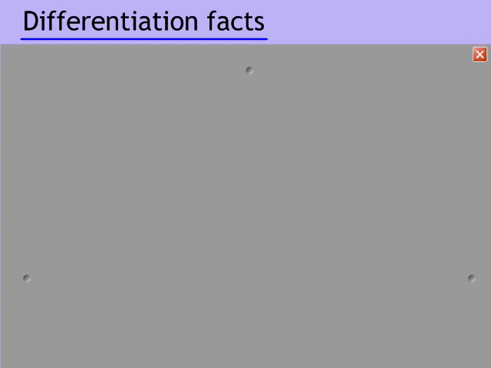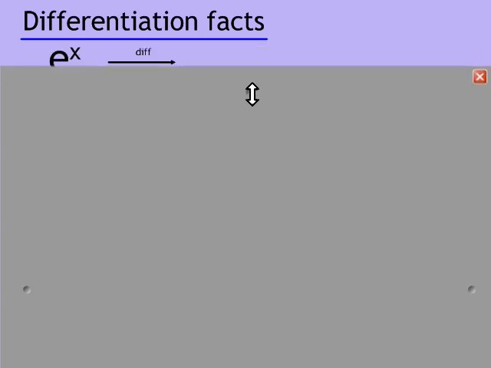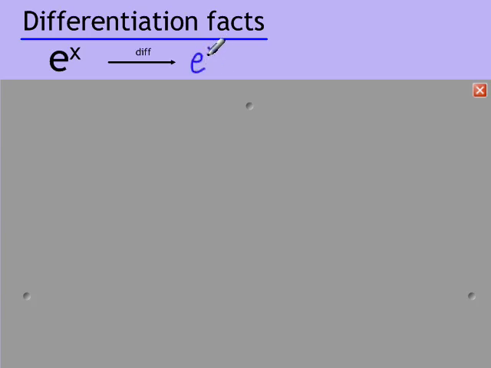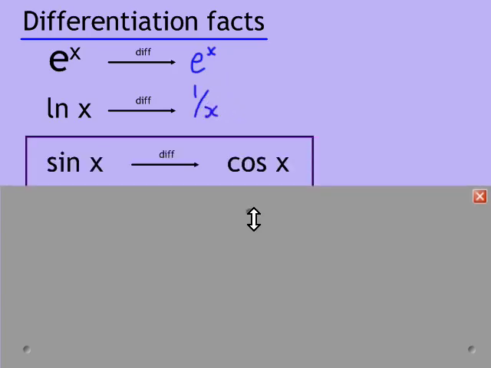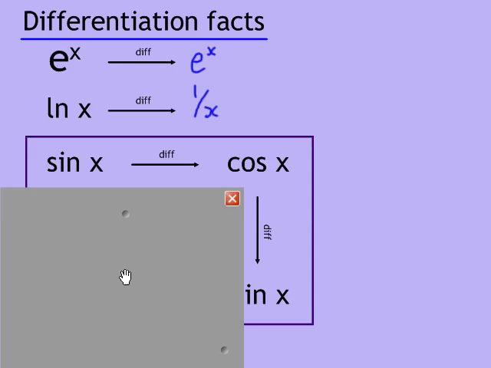Let's have a look how to differentiate e, ln, sin, cos and tan. So e to the x, when you differentiate it, nothing changes, you just get e to the power x back. When you differentiate ln x, you get 1 over x. When you differentiate sin x, you get cos x. When you differentiate cos x, you get minus sin x.